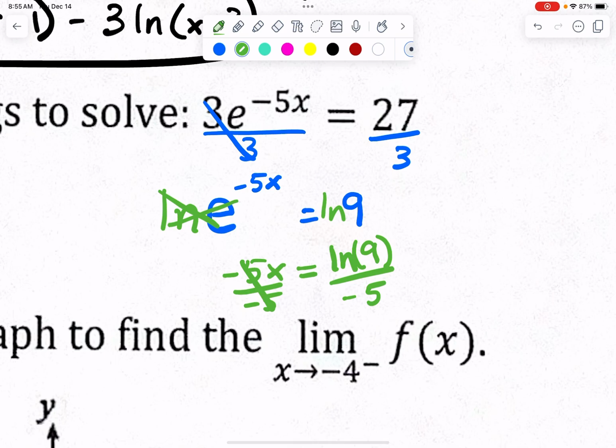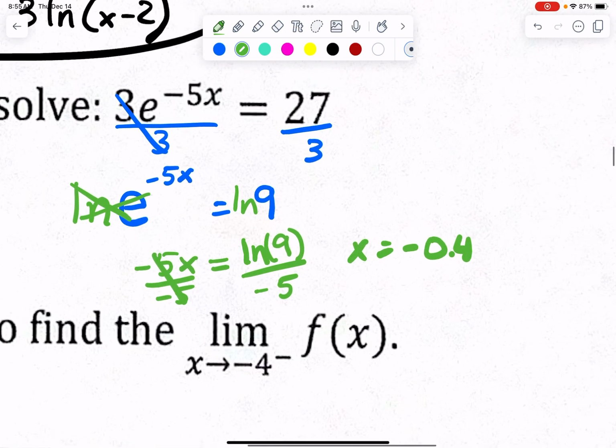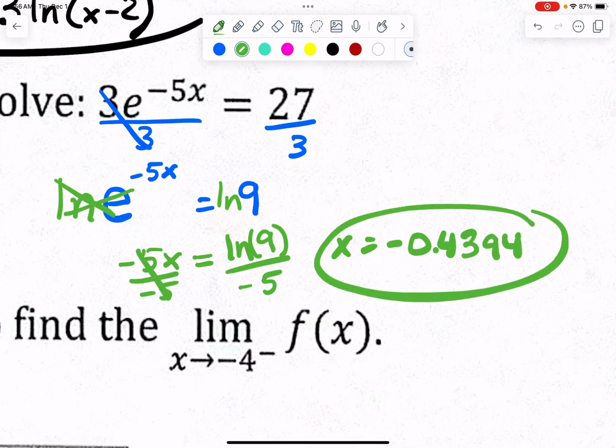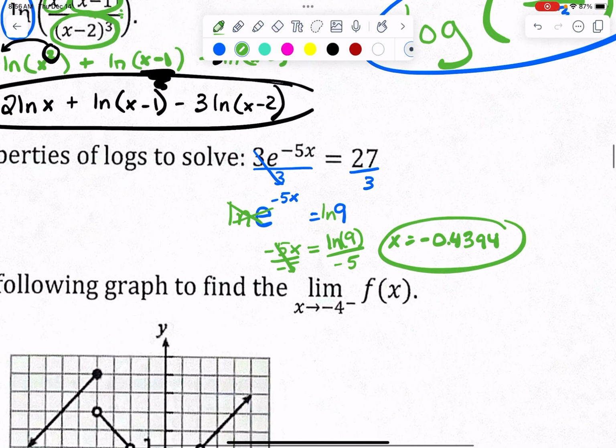Okay, and I got negative 0.4394. Typically when you're solving for logs, they want you to go out like 4 decimal places. Okay, so that's what I got. Hopefully that's what you got. Maybe I did something wrong, but that's that.